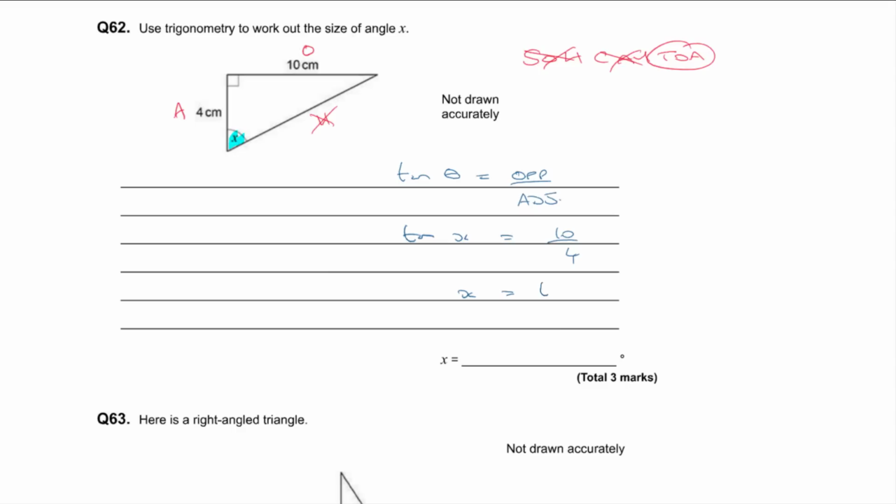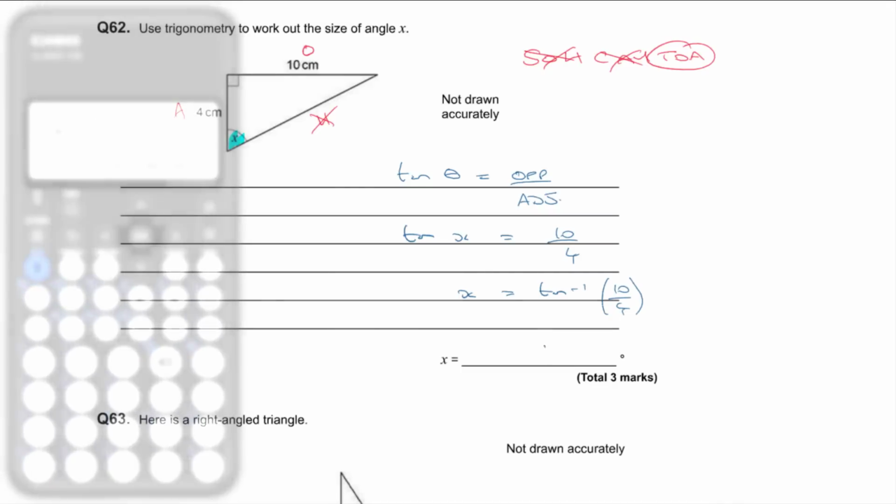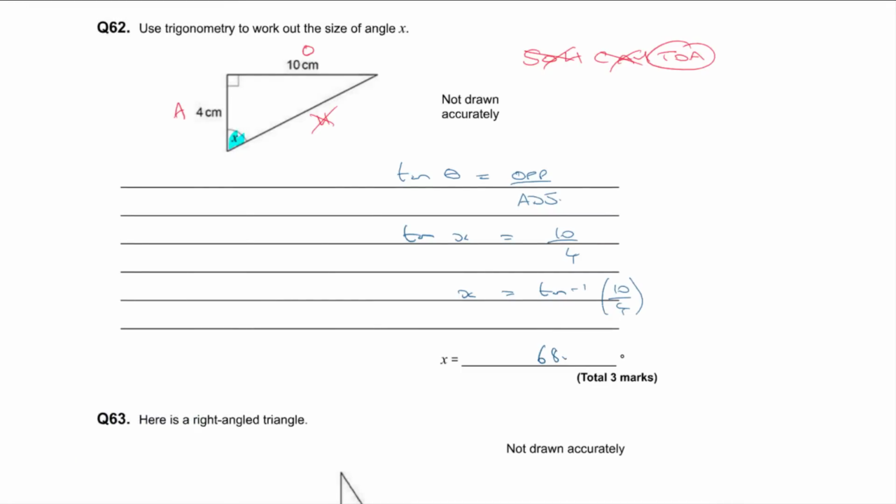So x is equal to tan to the minus 1 of 10 over 4. So you're going to type that carefully in the calculator. You're going to have to press the shift key, shift tan, and then 10 over 4. That comes out to be 68.2 to the nearest decimal point, isn't it? So 68.2.